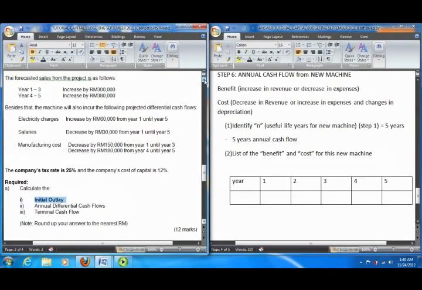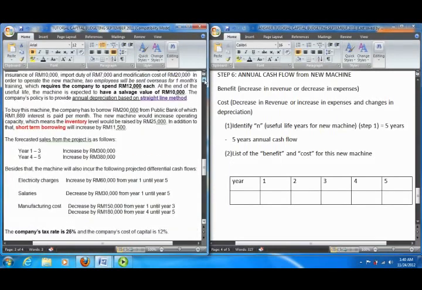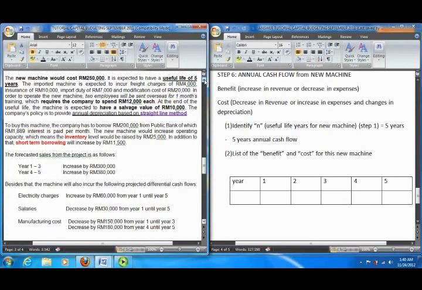As you can see in the question, now you need to find anything that is revenue or cost for this new machine. Alright, first, forecasted sales from the project. Is that revenue? Yes, it is your revenue. Class, year 1 to year 3.